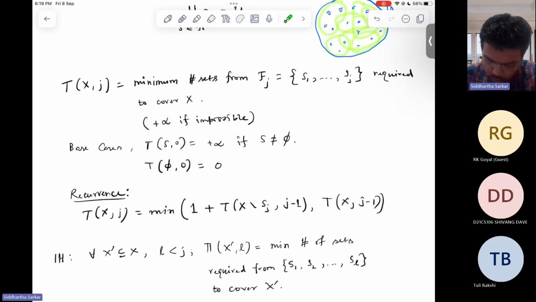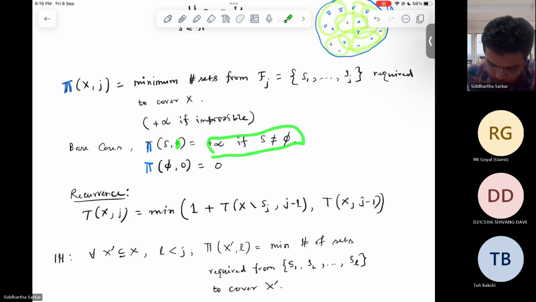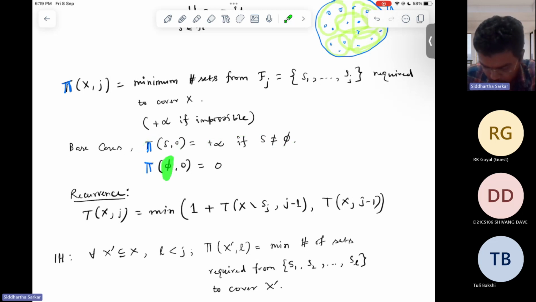The name of the table is pi. If you want to cover something non-empty, but you're not allowed to take anything, then that is not possible. This is one base case. The other base case is if you're not intending to cover anything and you have nothing to cover, then that is fine. You can just say zero.